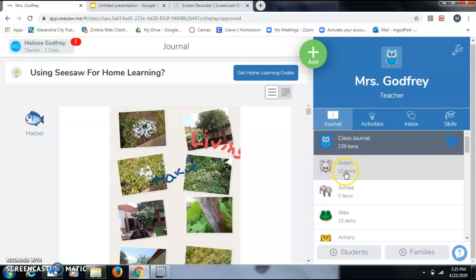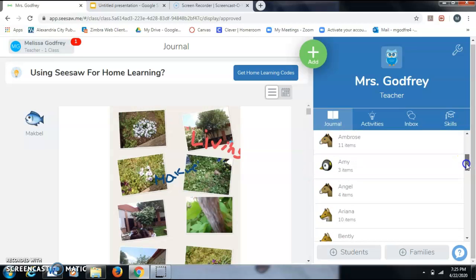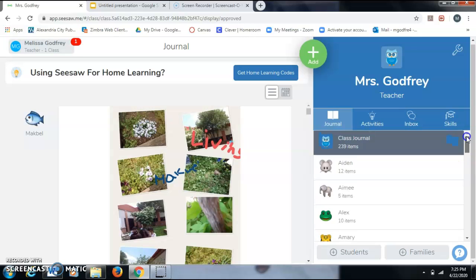They have their name and a little picture of an animal that represents them. Students can use this platform to present activities that the teacher generates for them, as well as upload images for their presentations or projects.